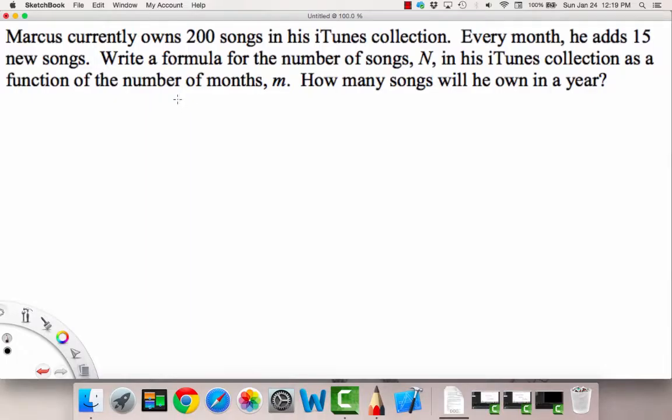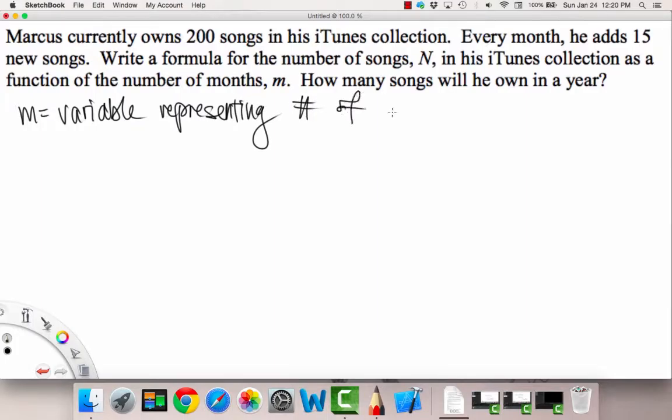Let's work through this step by step. It's a little bit confusing because they have m here, and that doesn't represent the slope. m is just the variable representing the number of months that have passed, the number of months from today.